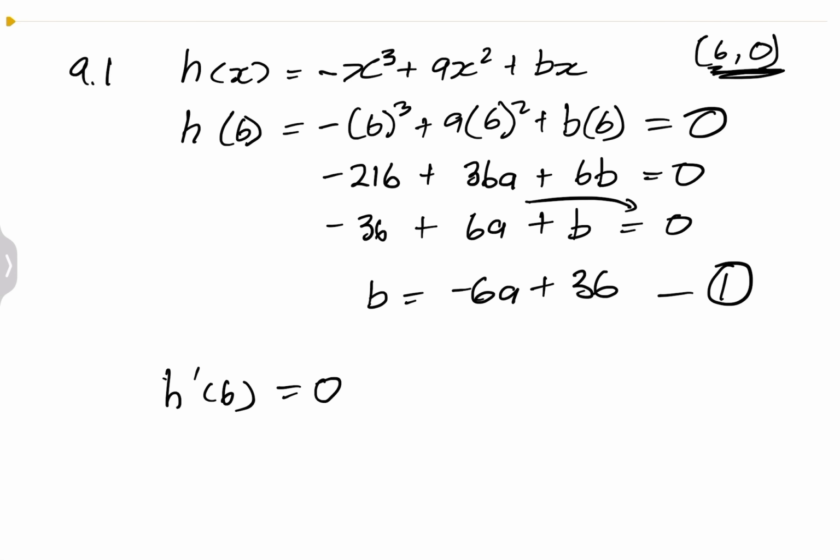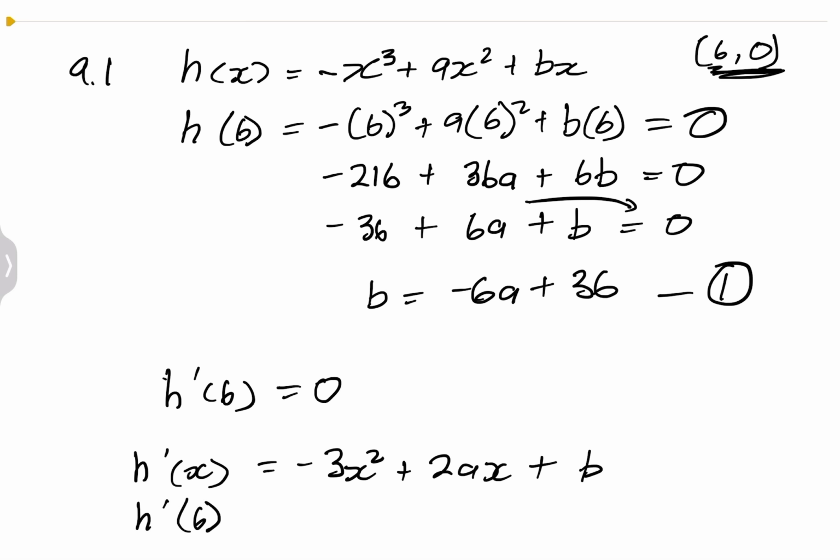So first of all, let's find the gradient formula. So h dash of x would be negative 3x squared plus 2ax plus b. At this stage, I would expect you, ladies and gents, to be able to find the derivative. So let's substitute 6 there.